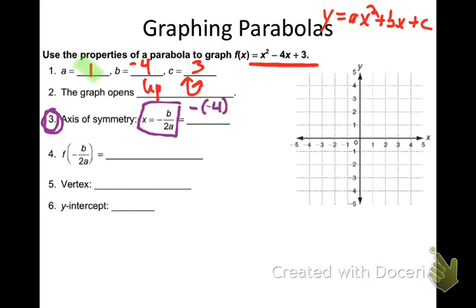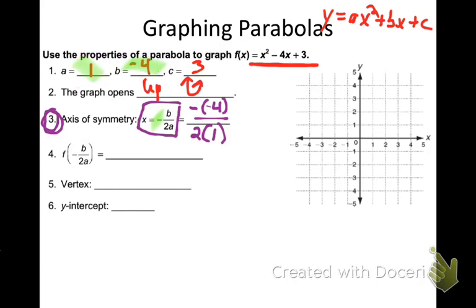Now why do I have 2 negatives there? Well, because the b is negative and I have a negative right in front of b over 2a. So I have the negative of negative 4 all over 2 times 1. Again, here's my 1, here's my negative 4. That's where I got both of those values.